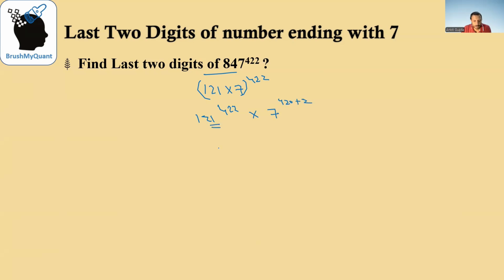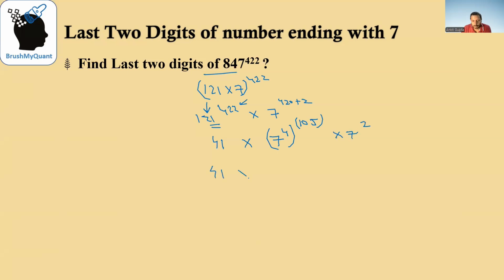Now this has a units digit of 1. So units digit of this entire expression will be 1, and tens digit will be product of the tens digit of the base, which is 2, multiplied by the units digit of the exponent. So 2 into 2, which is 4, multiplied by, this can be written as 7 raised to 4 whole raised to 105 multiplied by 7 square.